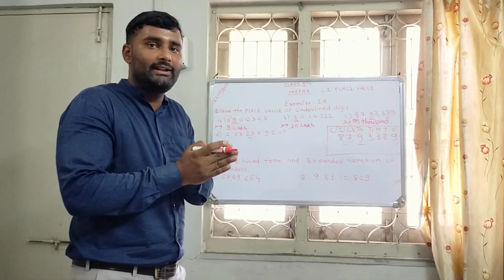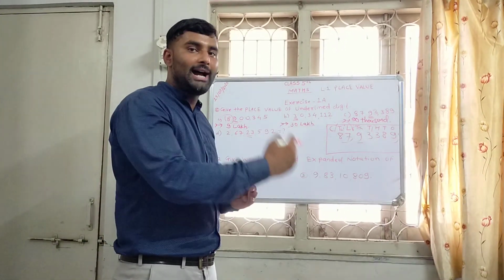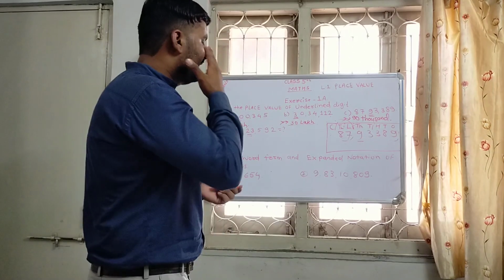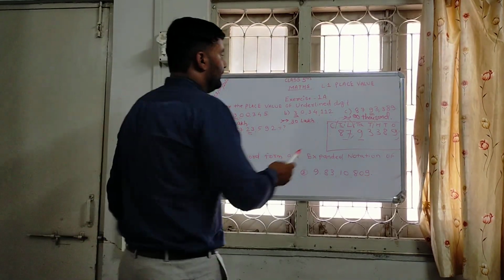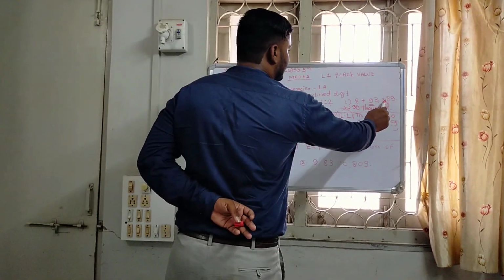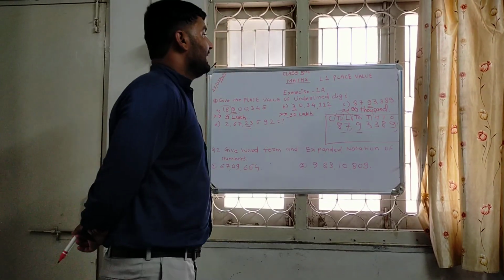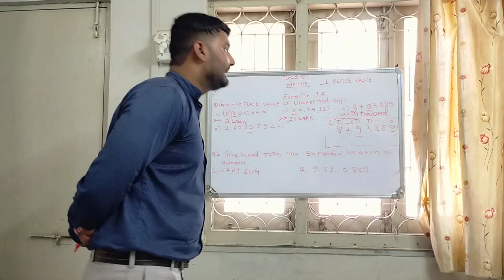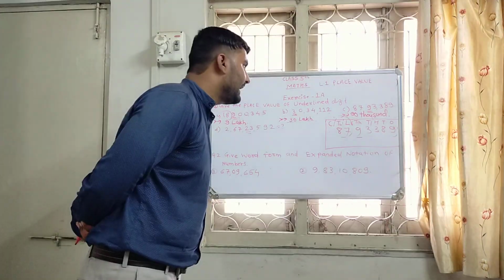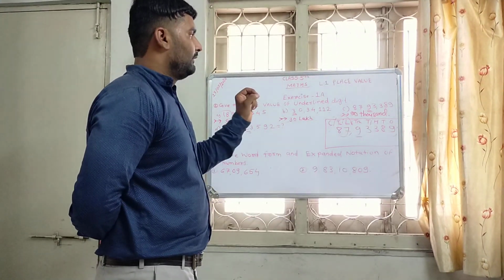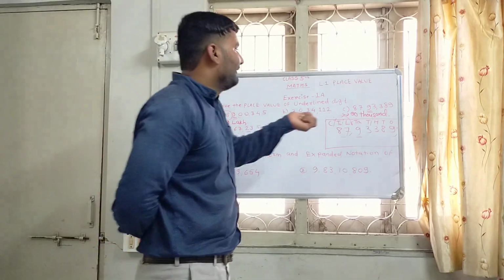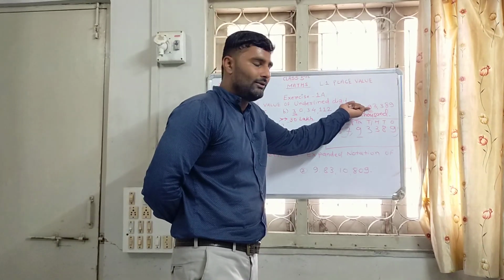After knowing the value of that number, you have to check by reading the number. So I read this number, okay? The number is ones, tens, hundred, thousand, 10,000, lakh, 10 lakh. That means 87 lakh 93,389. What did I say to you? The value of 9 is 90,000.